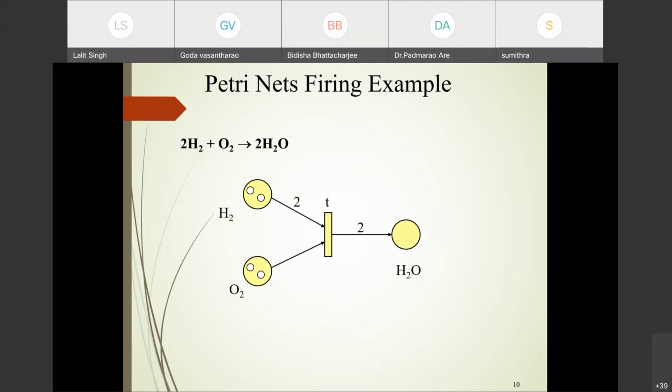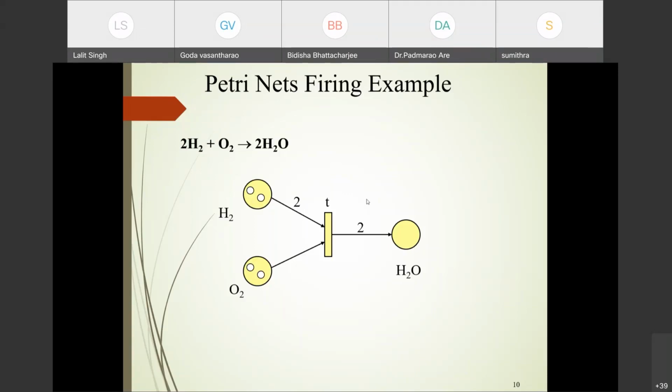That is very important to understand. So here in this figure, because there is only one transition, to change the distribution, the transition T must be in enabled state. Now, what is the enabling criteria of the transition? The eligibility criteria of enabling the transition is that all the input places must contain a sufficient number of tokens.